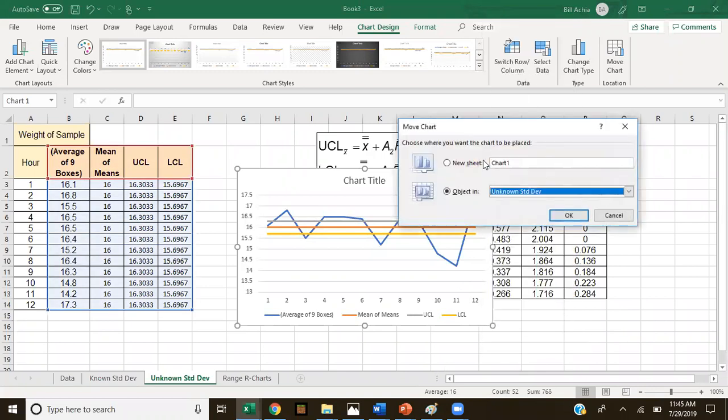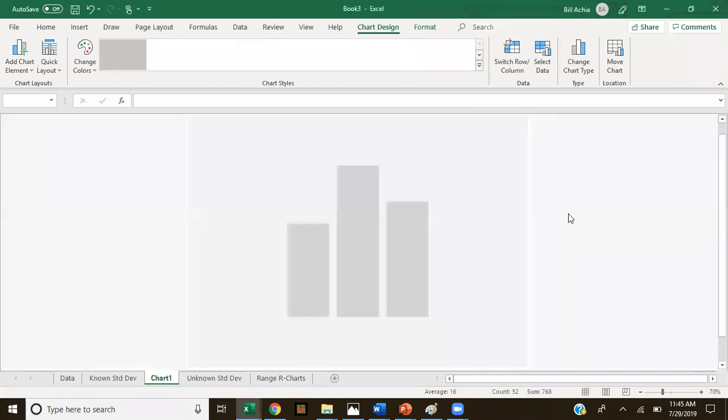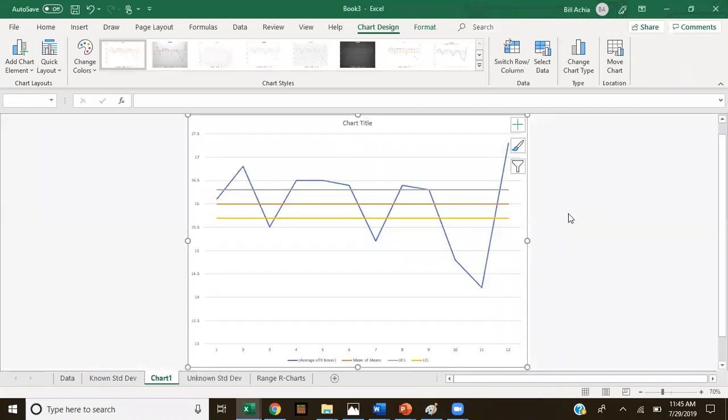Now let me put this on a different tab: move chart, new sheet. With this, I see the range of the dispersion for each sample is also not in control, and you'll notice this looks pretty similar to what we had in the X-bar chart. But this tells us a whole bunch of other information. It tells us which samples actually have really dispersed data.